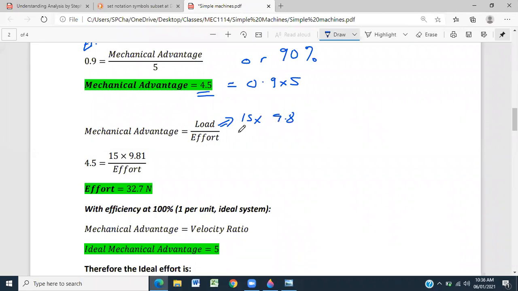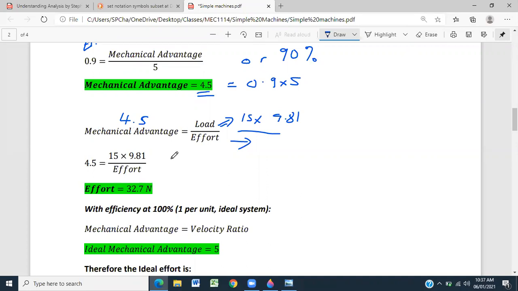The effort is, of course, our unknown, right? Effort and mechanical advantage, we just found it to be 4.5 with an efficiency of 90%. Plugging these values into our formula, we have 4.5 is equal to 15 times 9.81 divided by effort.